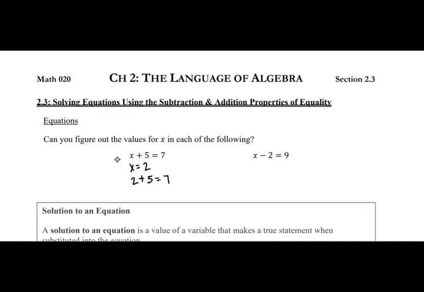And some of the equations are going to be that easy. You're just going to look at it and know what the missing number is. So in the second example, we have x minus 2 equals 9. Which number do I need to take 2 away from to get 9? That would be 11. x equals 11 because 11 minus 2 gives you 9.